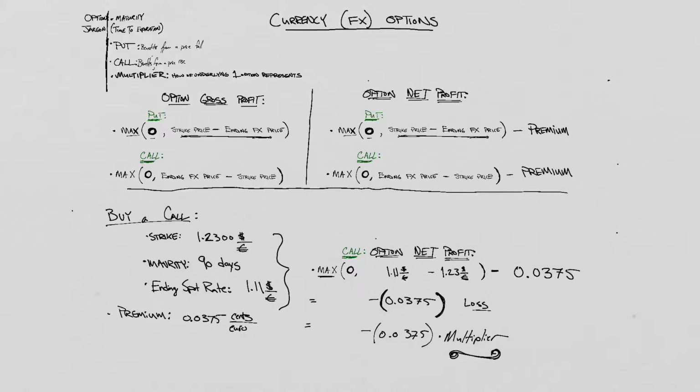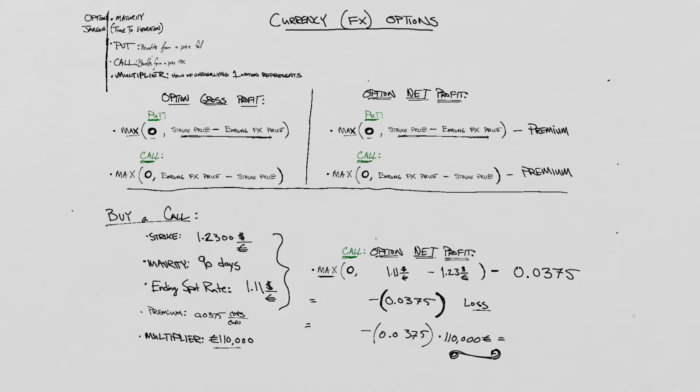So if the multiplier for the dollar per euro option was for 110,000 euros, that is, one call option on this dollar euro pair, one call option on the euro represents 110,000 euros, then to calculate our total loss, because we lost the premium for this option, we have to multiply this 3.75 cents by this 110,000 euro figure.